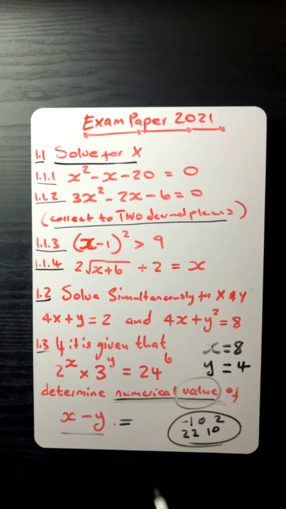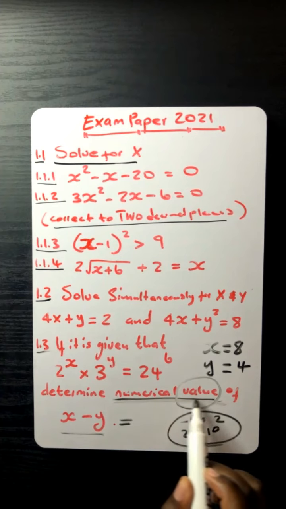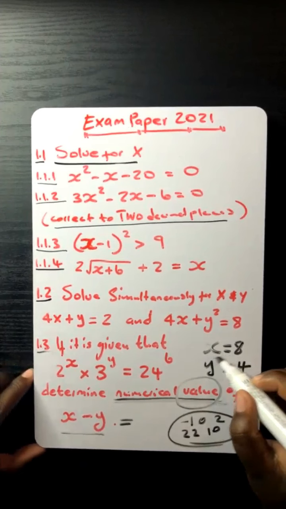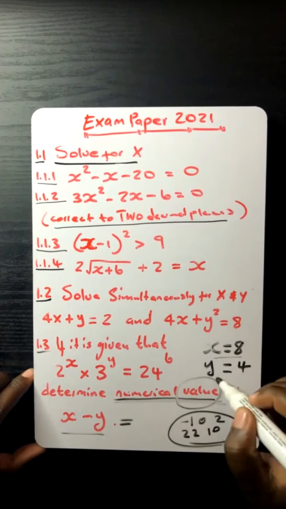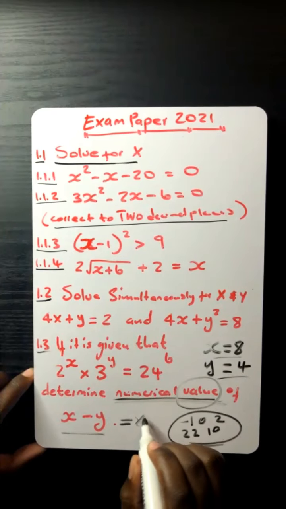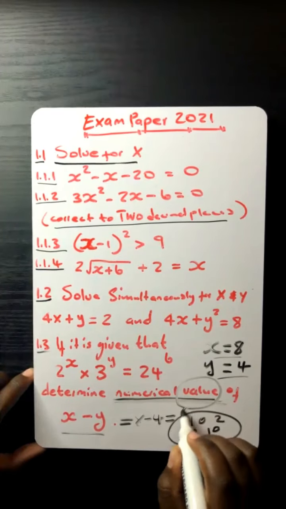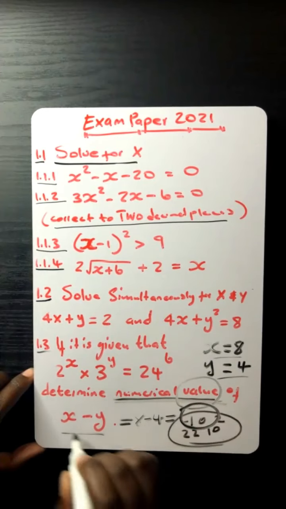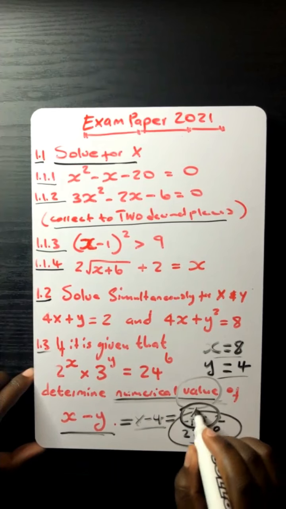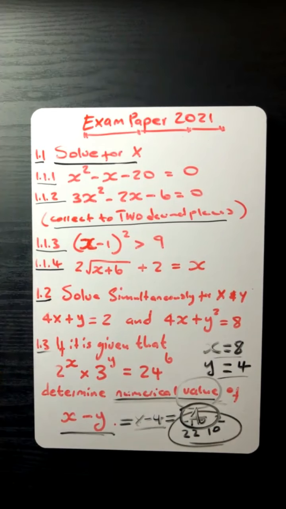What the question wants you to calculate or determine is the numerical value of x minus y, which means if you get your x value being 8 and your y value being 4, say 8 minus 4 and tell what is the numerical value of x minus y, which is 8 minus 4, which is 4. Very, very much important, ladies and gentlemen, that you fully understand what is the cream of the question.